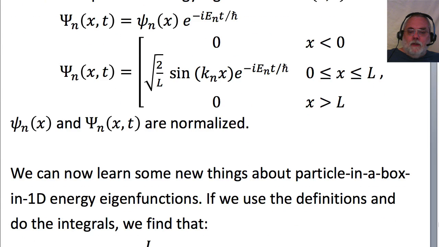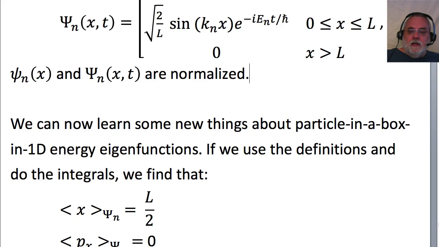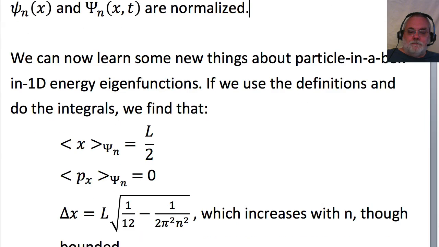Now, we can use our new tools to learn some new things about particle in a box energy eigenfunctions. If we use the definitions and we do the integrals, we will find that the expectation value for x for energy eigenfunction psi sub n is always L over 2.